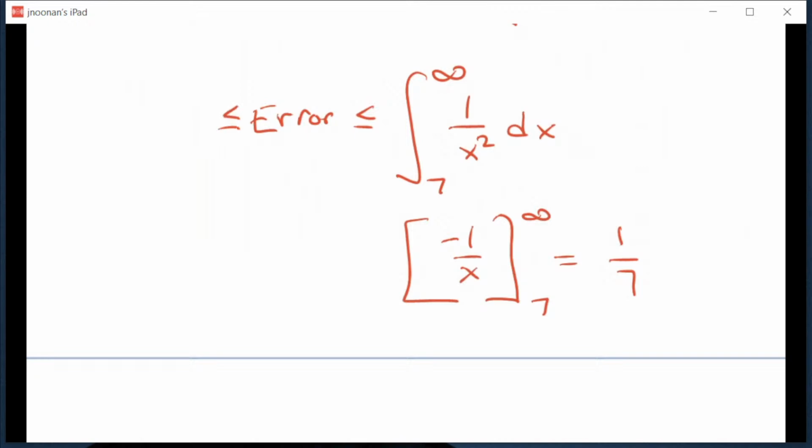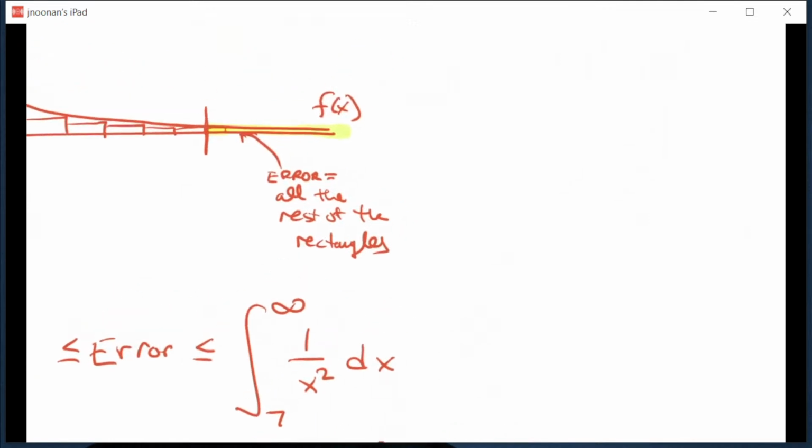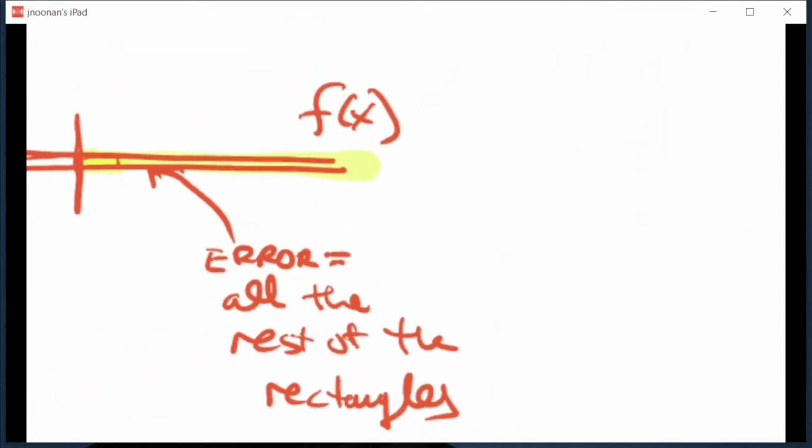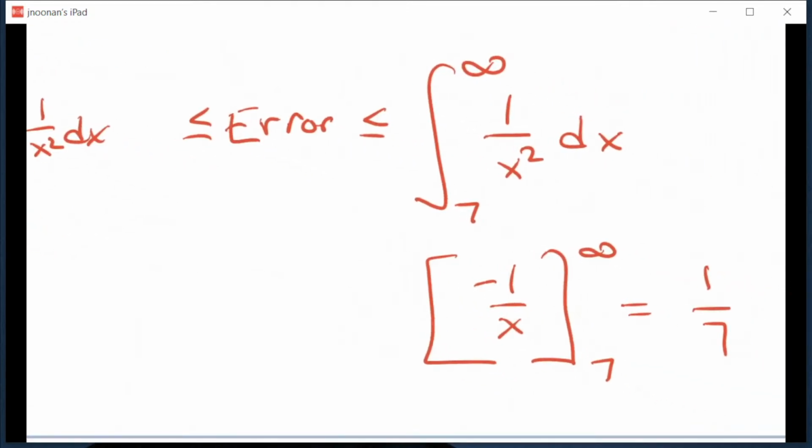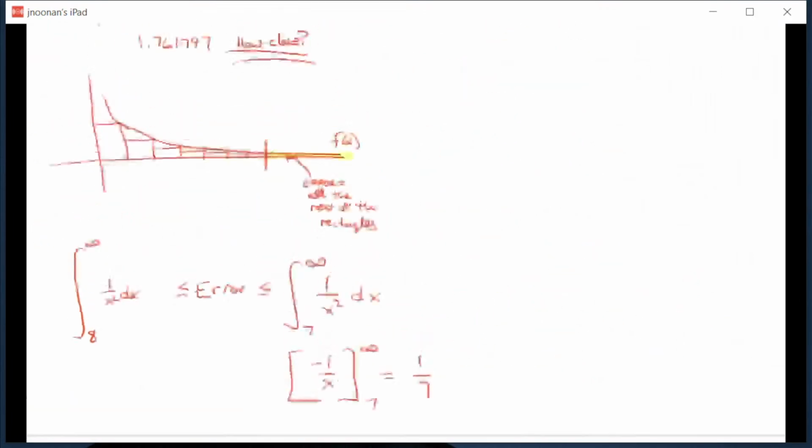However, I can also say this, that my error, for geometric reasons that I can't really draw because I've kind of run out of room here, but this error will be bigger than this. So notice that the difference here is that the error is going to be less than 1/7.